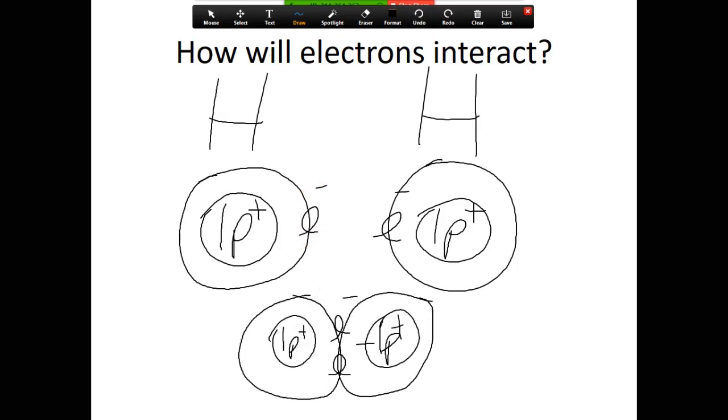They would share their pair of electrons, and therefore this pair of electrons technically belongs to both atoms at the same time. This creates for us a molecule of hydrogen, H2.